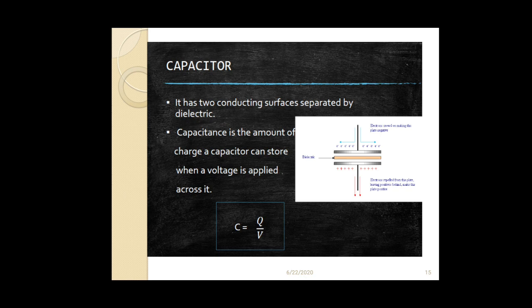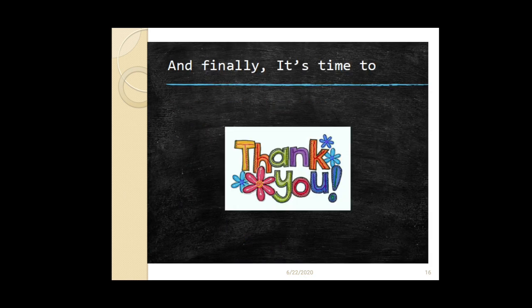It is expressed mathematically as C equals Q upon V. The units of capacitance are microfarad, nanofarad, picofarad. 1 microfarad equals 1 into 10 raised to minus 6 farad. 1 nanofarad equals 1 into 10 raised to minus 9 farad. 1 picofarad equals 1 into 10 raised to minus 12 farad. So these are the basic parameters as we study. Thank you.